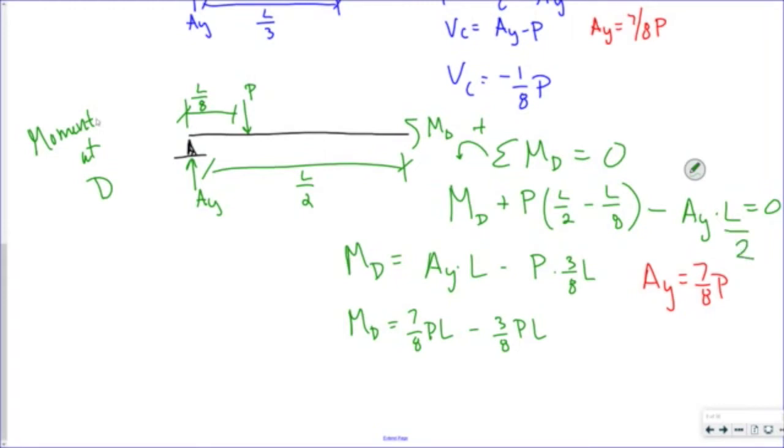I did that, yep. AY is acting at distance L over 2. Phew, okay, I was like, wait a second. 7/16, right? 7/8. Yeah, make sure you get that. AY is acting at a distance L over 2, not L. And so 7 over 8 times 1 over 2 minus 3 over 8. That gives me PL over 16.